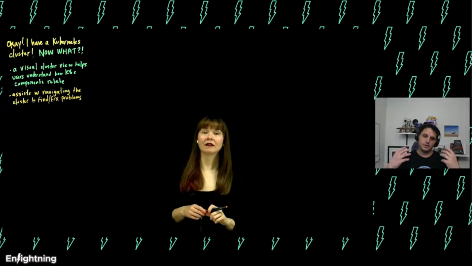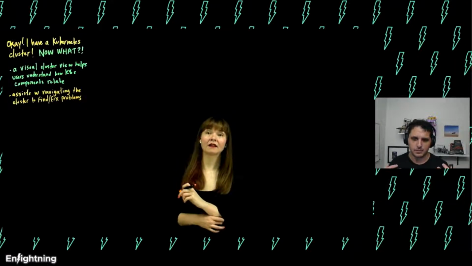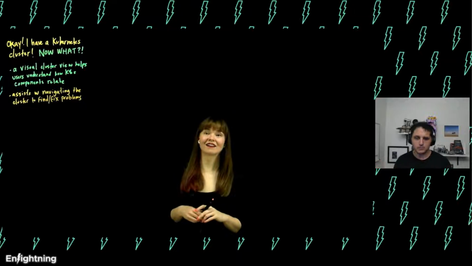So if your ingress goes to this host and your ingress controller gives you back a "can't be found" message, you can pop open kubectl and run kubectl get ingress, kubectl get endpoint slices, kubectl get nodes.